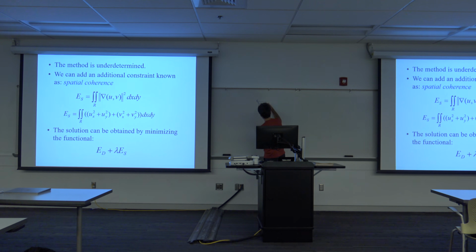Of course, if I locate that window right here, you will have a small number of pixels that correspond to the other object, right? And when I locate it right here, it has half of the pixels that correspond to another object, right? So the way that we can address the inconsistency in this constraint that we have here, the spatial coherence constraint, is by making that region very small, right?